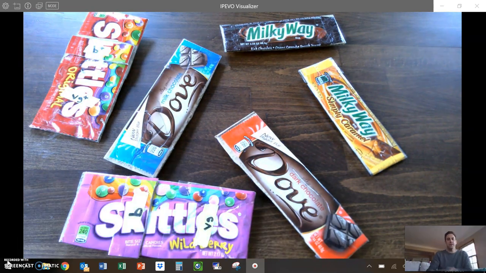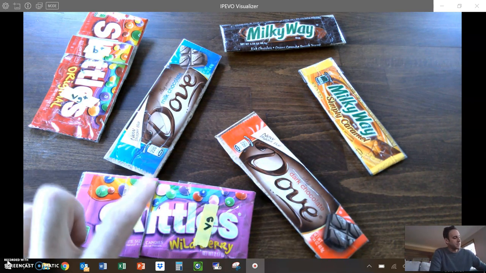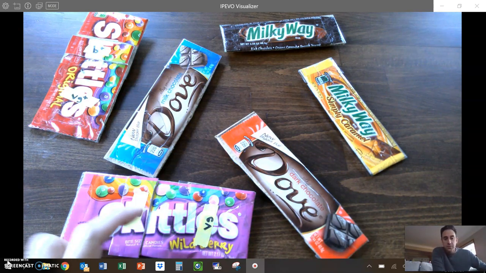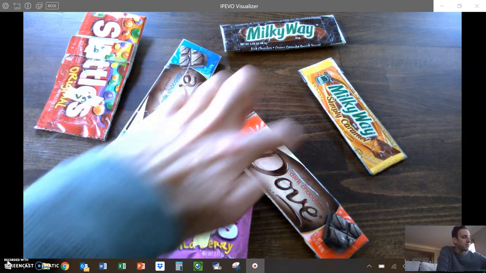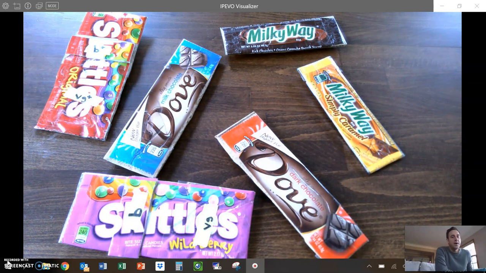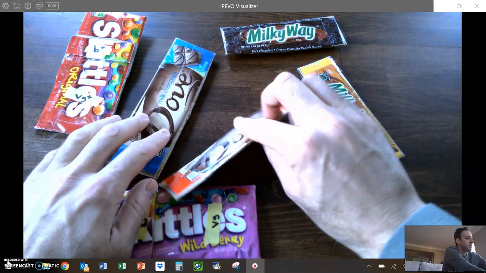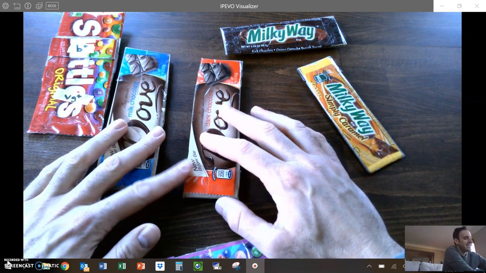You may notice some similarities in the candy bars. There are 6 total candy bars, or 6 total chromosomes: 1, 2, 3, 4, 5, 6. But they're also arranged in pairs. There are 2 Dove bars. These Dove bars are similar but not identical.